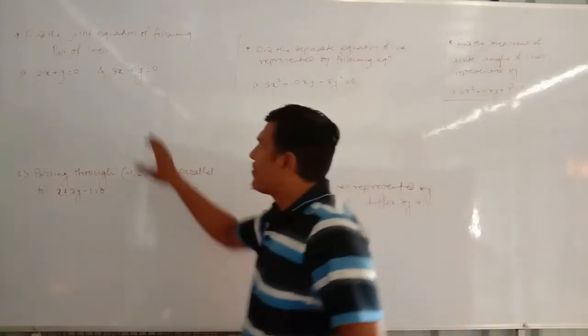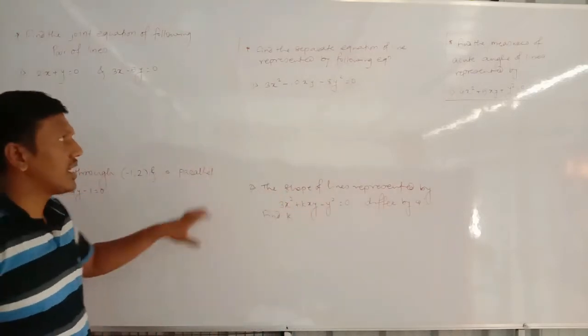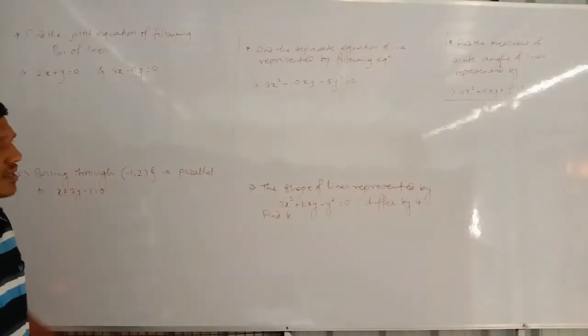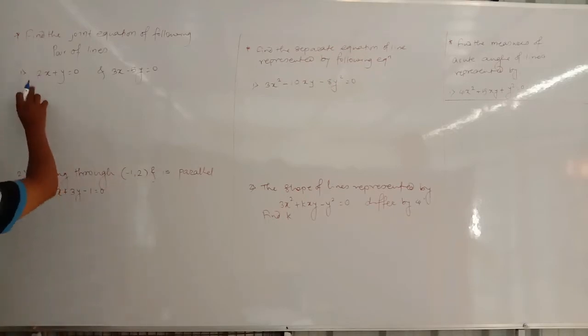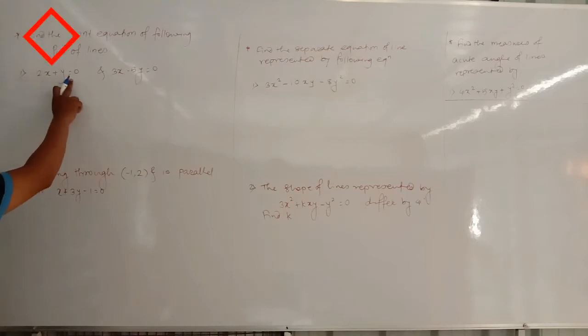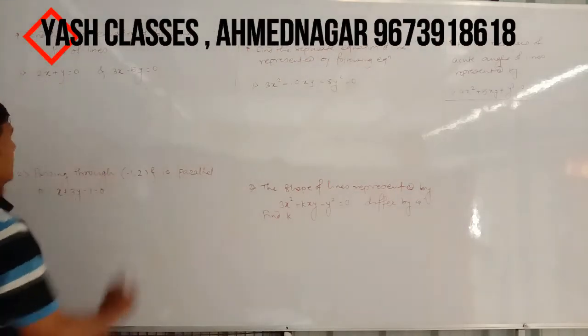So here we are going for a few important numericals. Based on that I am giving an assignment to you, so you have to just complete that part. First, you have to find the equation of a pair of lines. Here two equations are given: 2x plus y is equal to 0 and 3x minus 5y is equal to 0.